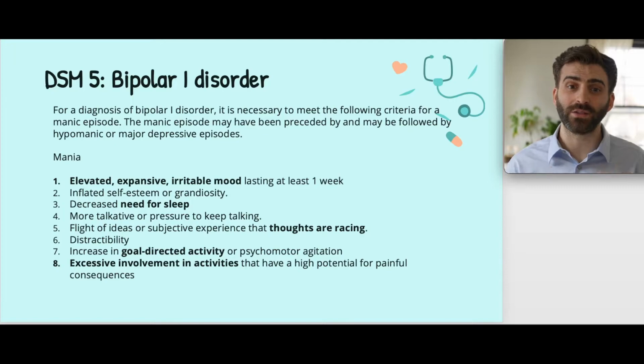So it can be destructive goal-directed activity. Otherwise, though, some patients with mania and some patients with hypomania can be quite productive and get a lot done during a hypomanic or manic state. Next is risky behaviors. Risky behaviors are also common in mania, like risky sexual behaviors, risky financial behaviors, things like that.